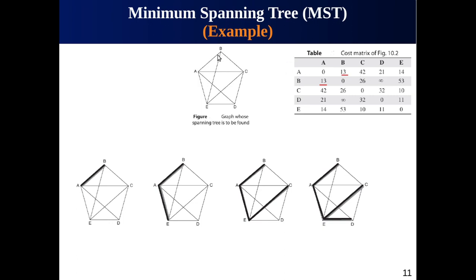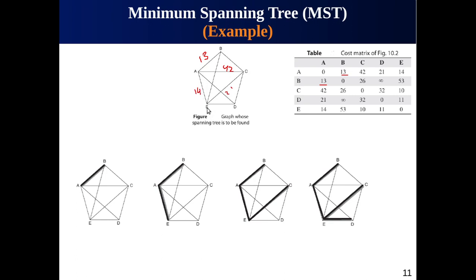You can also write these numbers on the edges like this. From A to B, we have 13. From A to C, we have 42. From A to D, the distance is 21. And from A to E, it is 14.